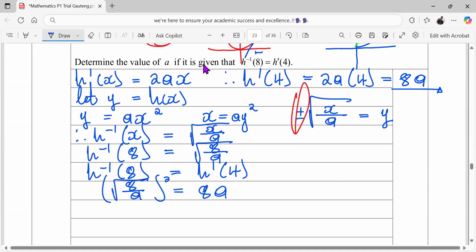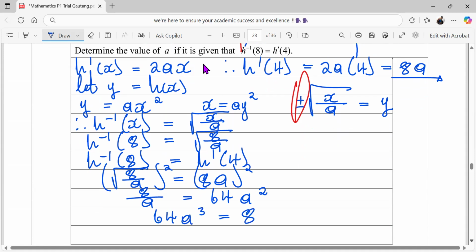And now you square both sides. If you take 8, you square it, you get 64. You square a, you get a squared. The square root and the square will cancel out. And if you cross multiply, you get 64a cubed, which is equal to 8.